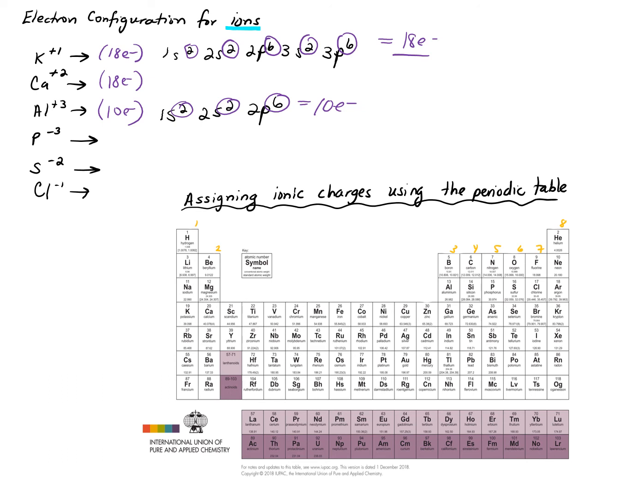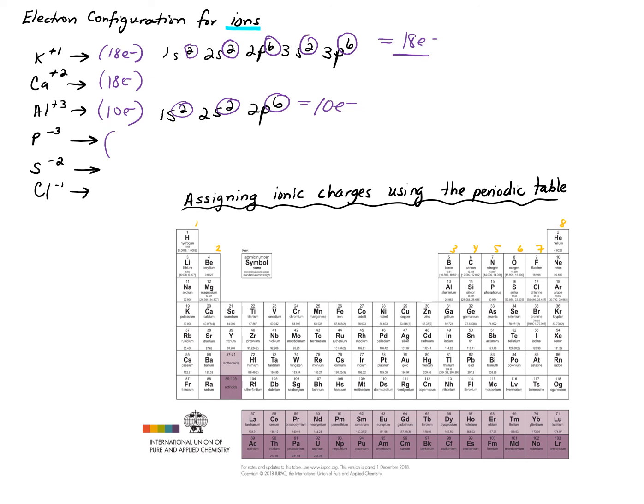The next one I have is P-3, phosphorus with a charge of -3, or the ion of phosphorus. We check in the periodic table, P is element number 15. The negative sign indicates that the element is gaining electrons, and the number tells you how many.